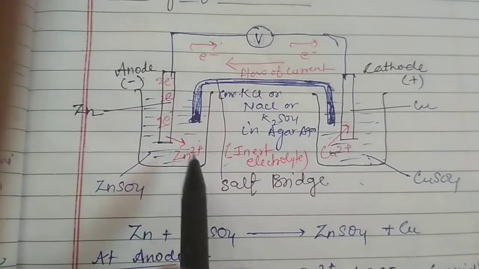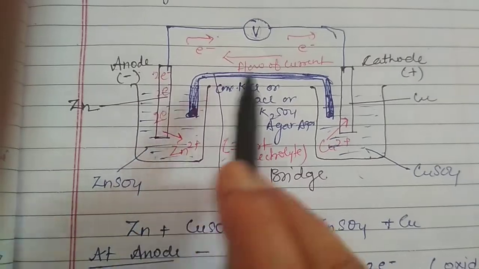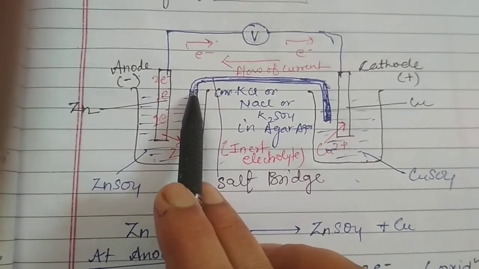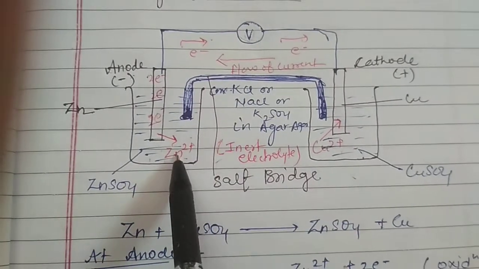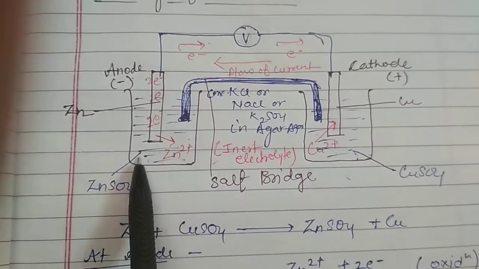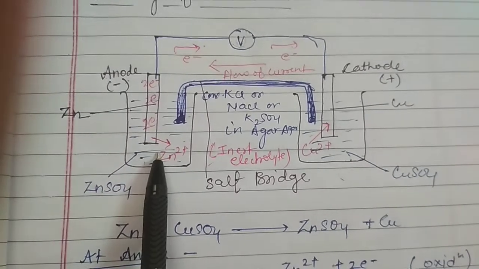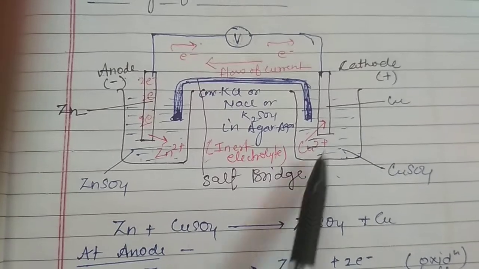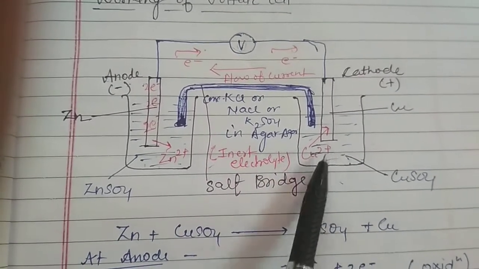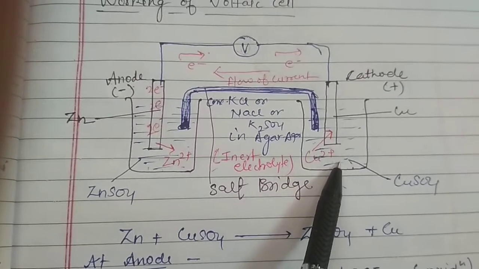But when positive charge accumulates, from the salt bridge the anions would migrate towards this beaker, towards the anode, and the migration of cations would be there towards the cathode or this beaker, because we are having the accumulation of negative charge here.